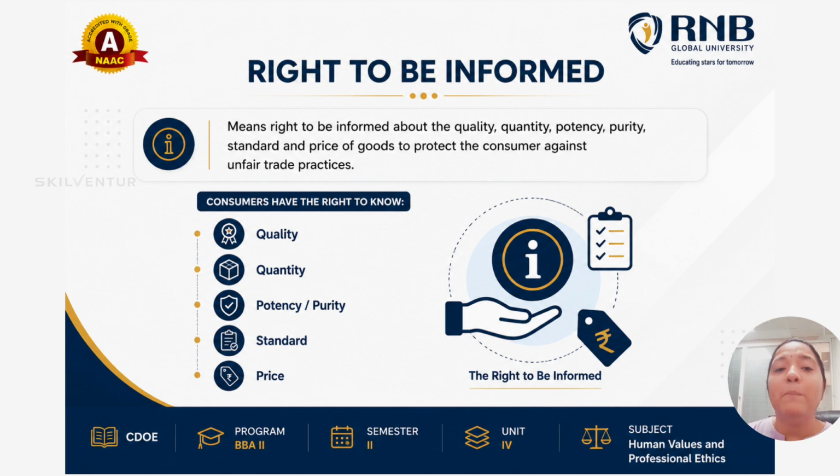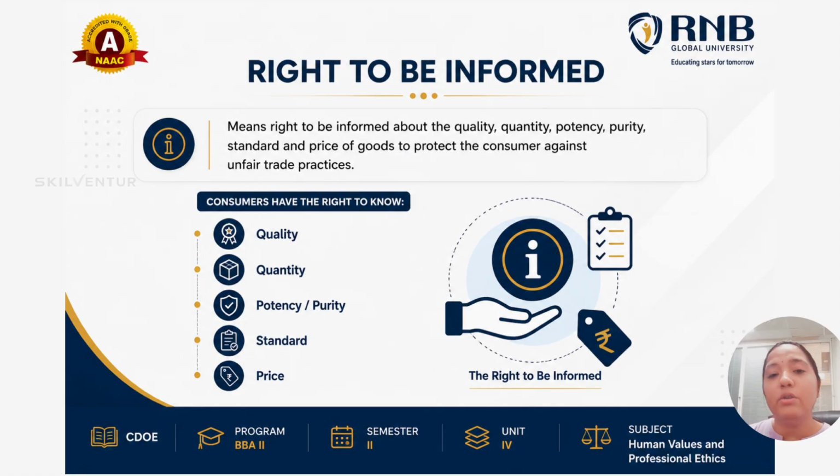This right protects consumers from unfair trade practices like misleading advertisement, hidden charges or false claims made by the sellers. When consumers are fully informed, they can make better and more rational decisions. For example, while buying a food product, we should check the ingredients, manufacturing date, expiry date and price.